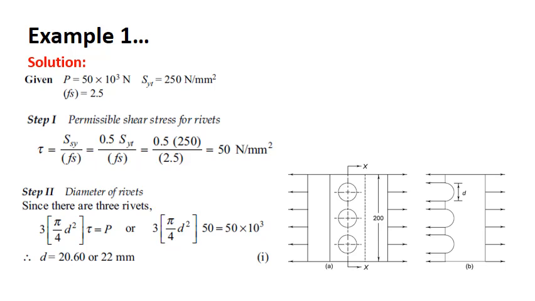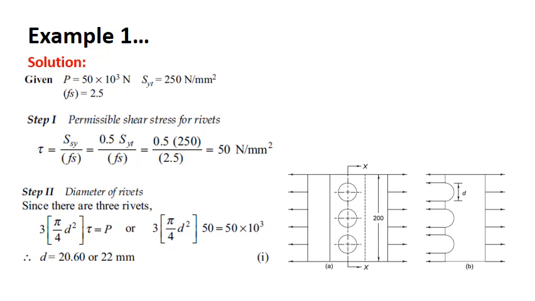Why have they written 20.6 or 22? There are standard dimensions of rivets that are available or manufactured, and that is also available in your data book. Go to the chapter on rivets in the data book. The one dimension which is close to 20 here is 22 mm. So we will choose 22 mm.